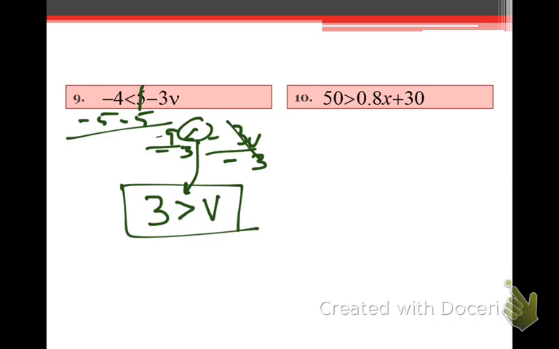And then number 10. We should end up with, what, Zach? What did you guys come up with? And walk us through it.